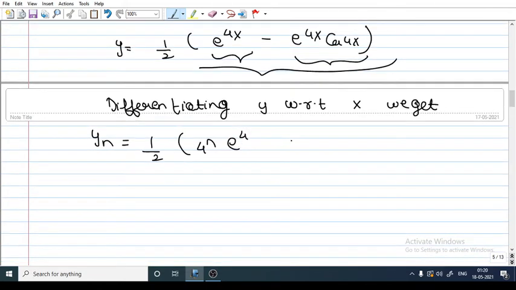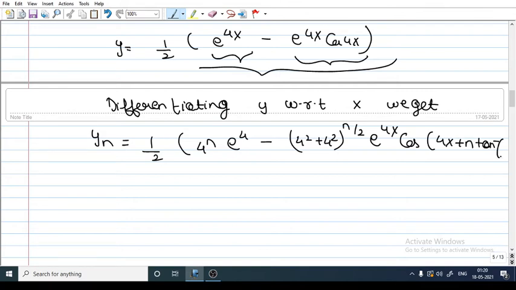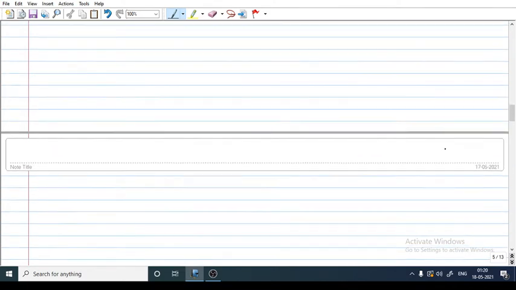Further on, here it will be 4 squared plus 4 squared the whole to the power n by 2, e^(4x) cos(4x + n tan inverse b by a), meaning 4 by 4, which you will say is 1.